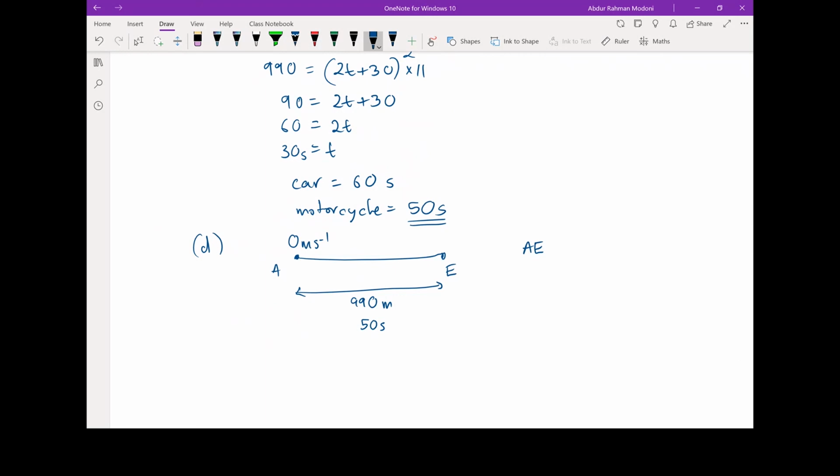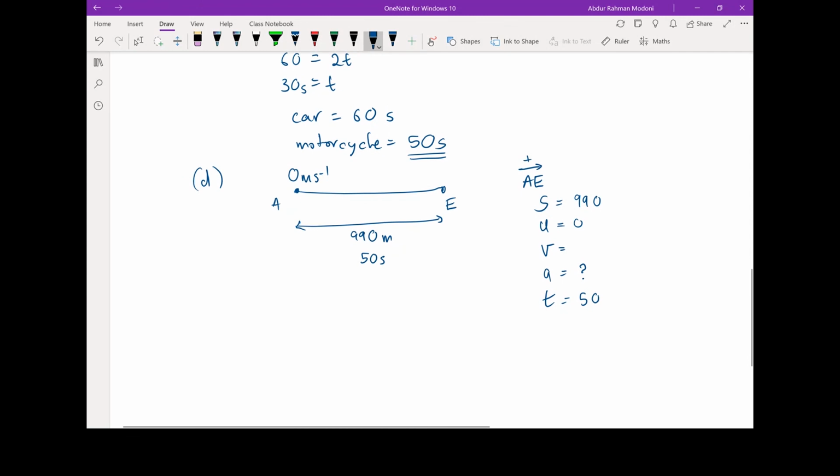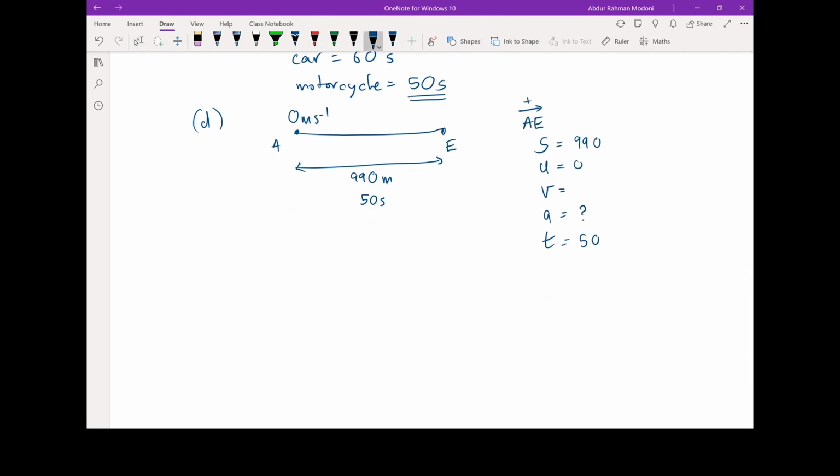We'll take right as positive, go and write down SUVAT. We know that the total distance traveled here is 990 meters. U is 0, V is unknown, acceleration is what we're trying to work out, and the time taken is 50 seconds. So the equation that relates S, U, A, and T is S equals UT plus half AT squared. Substituting our values here gets us 990 equals half A times 50 squared.